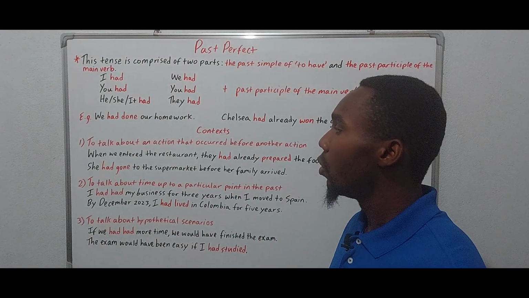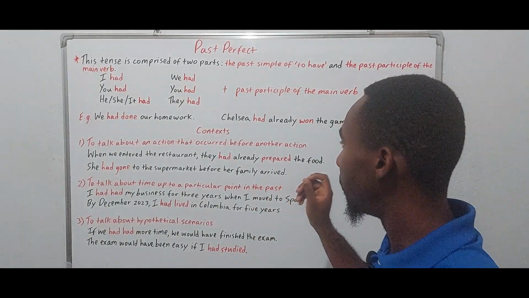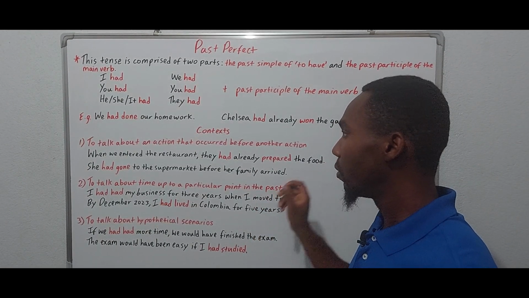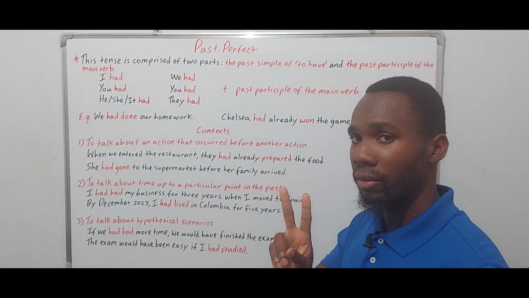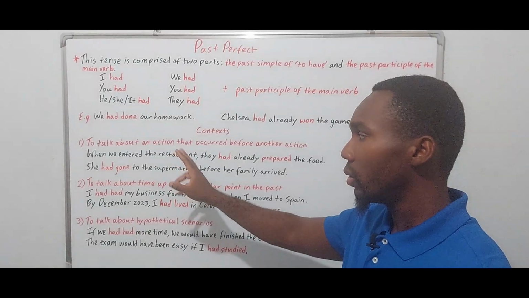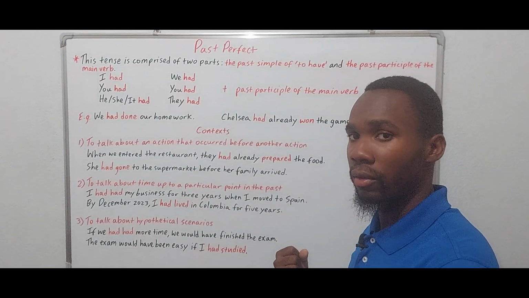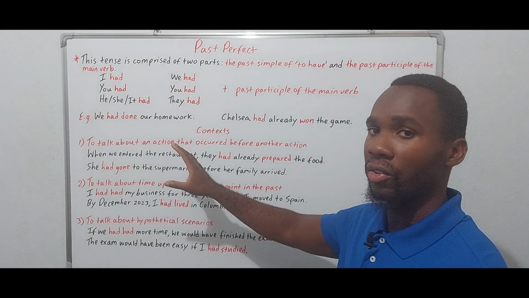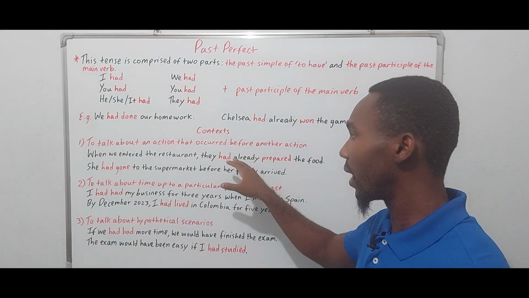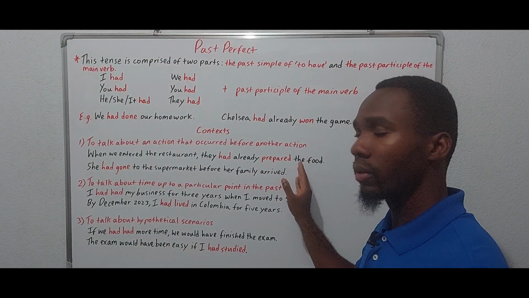For example, when we entered the restaurant, they had already prepared the food. So you see, we have two actions that occurred in the past, right? Entering the restaurant and preparing the food, right? So which one happened first? Obviously the second. They had already prepared the food, right?